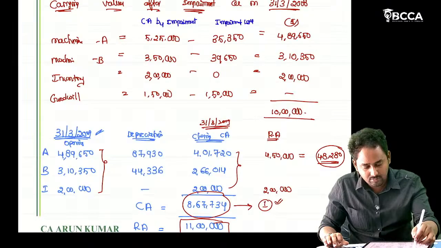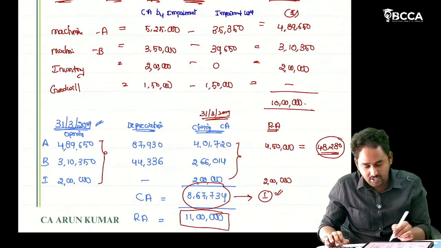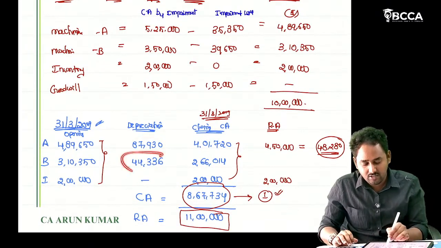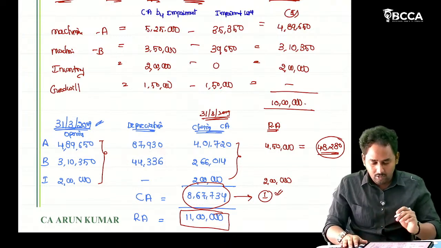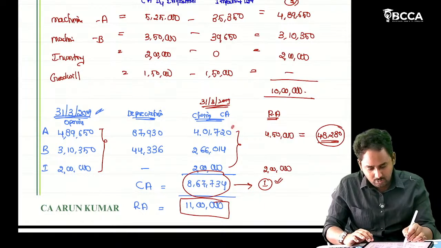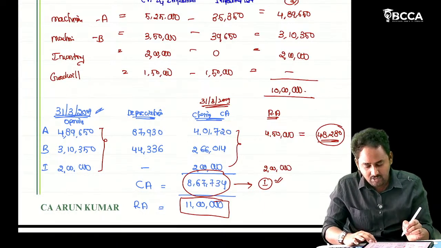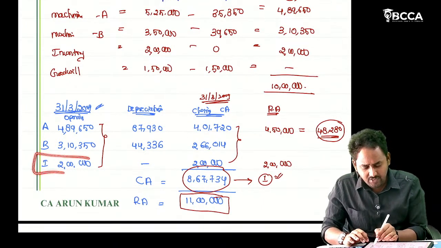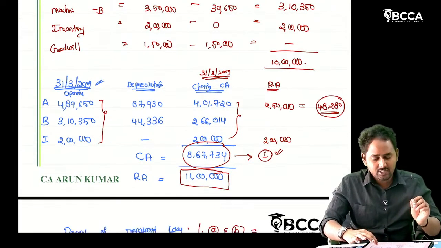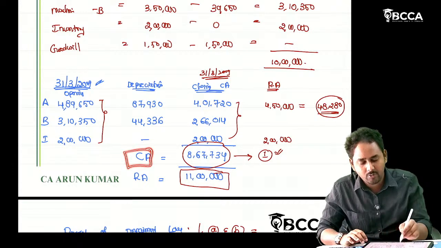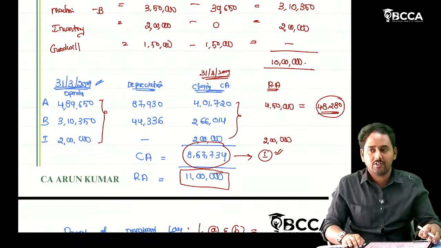So 87,930. For machinery B also I should provide the depreciation for the year. Then I got the closing carrying amount after the depreciation. For the inventory we know we are not supposed to provide the depreciation. So 2 lakh rupees. This is the carrying amount of the CGU as on 31st March 2009.